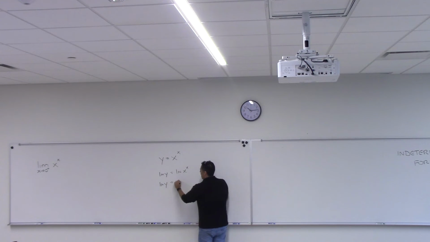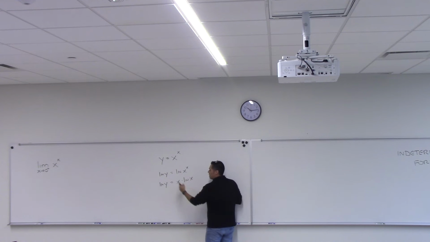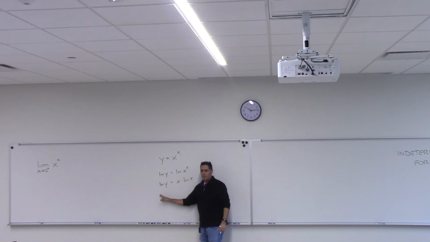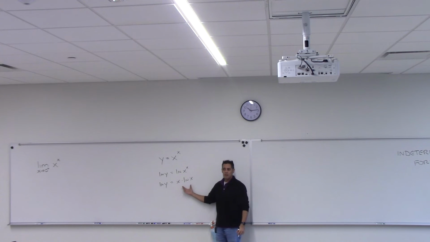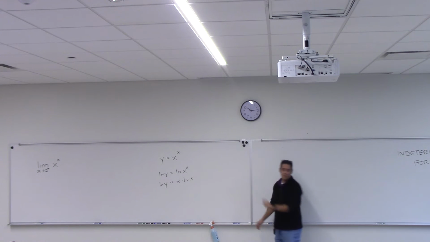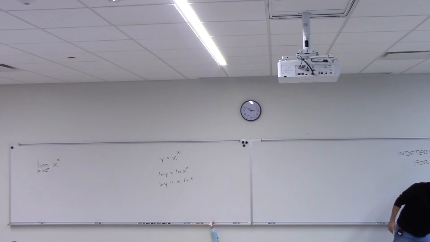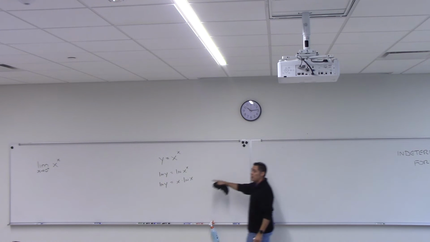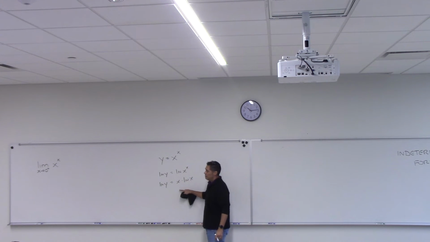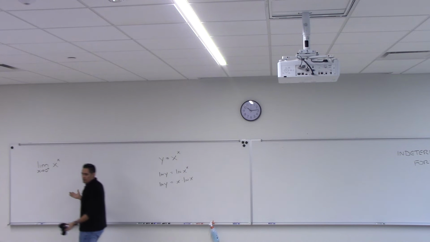I would drop the x out, and then I would implicit, right? I'd get 1 over y dy dx over here. Over here, product rule, right? Do not confuse that with what we're about to do, all right? That's one of the most common mistakes I see on exams, is students mix up these methods. This is called logarithmic differentiation, and this right here is just the limit, all right?